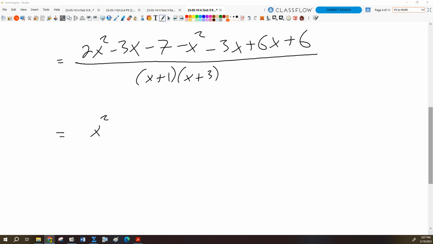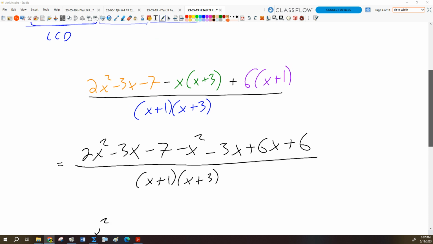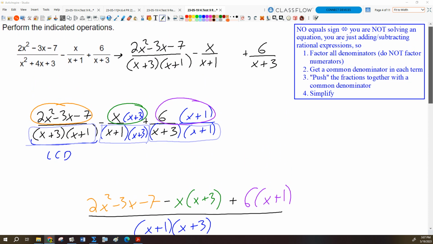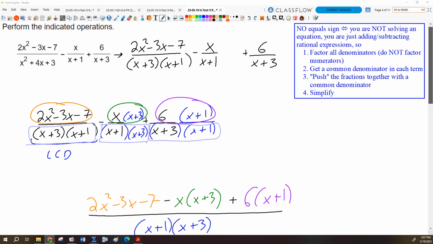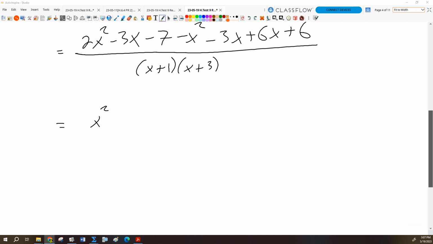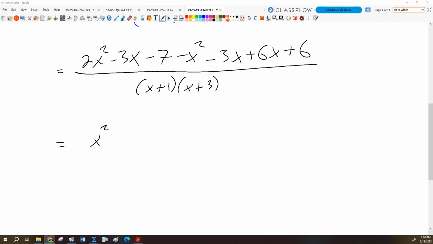Okay, so the x's go away. And I get minus 7 plus 6 is minus 1 over x plus 1 times x plus 3.